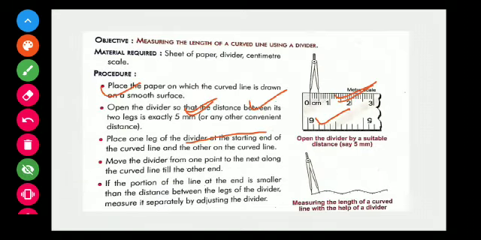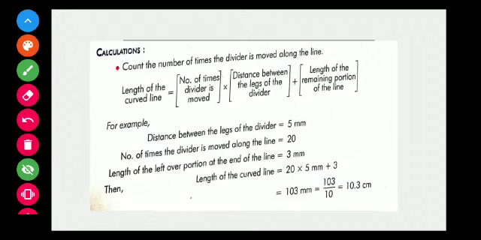Let you move the divider 20 times along the line, so the number of times is 20. The length of the left portion, which is less than 5 mm, let that portion be 3 mm.